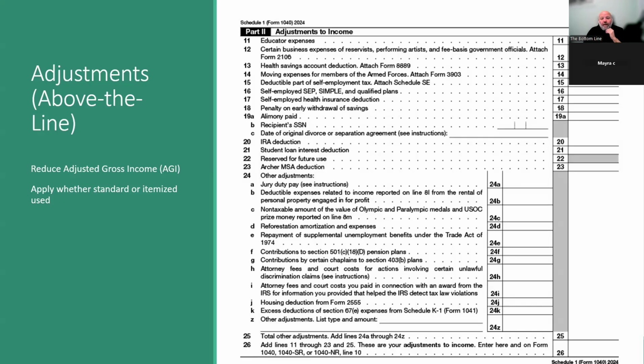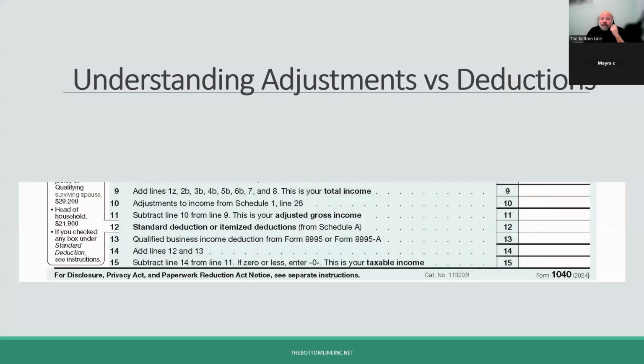This is where you would put your adjustments to income. You would total them up, and then line 26 will go back here on line 11, which is our adjustments. So here we have line 10 is our line 26 from our Schedule 1, and then we have our adjusted gross income.